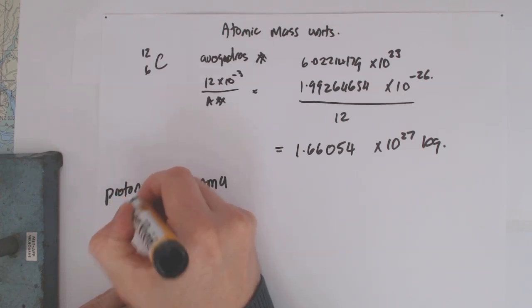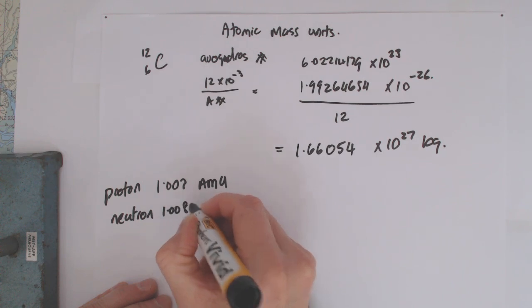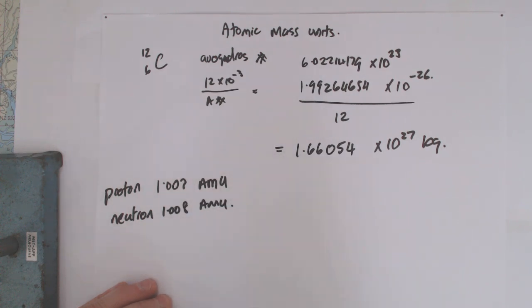The neutron is 1.008 atomic mass units. Electron's obviously pretty small, we don't need to write it down. The neutron, as you know, in beta decay breaks down, emits a beta particle, and you end up with a proton, so the atomic number actually goes up. So in these calculations we can use kilograms, we can use atomic mass units.